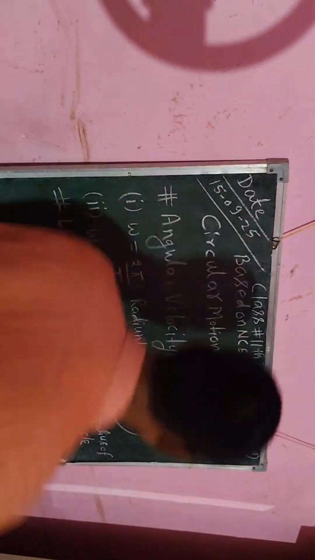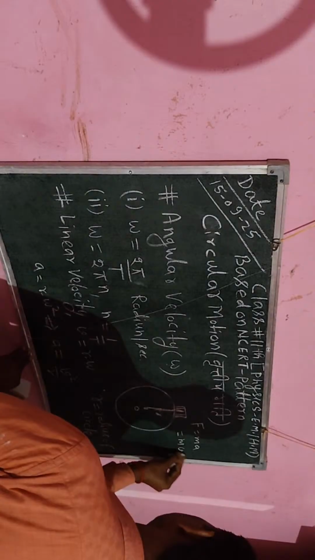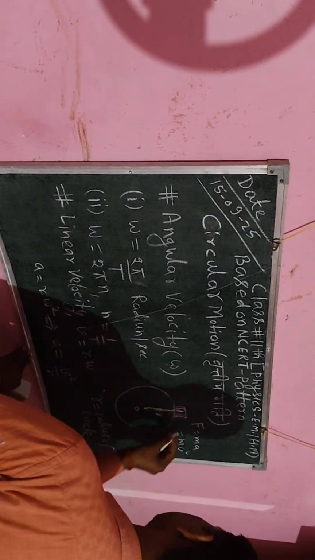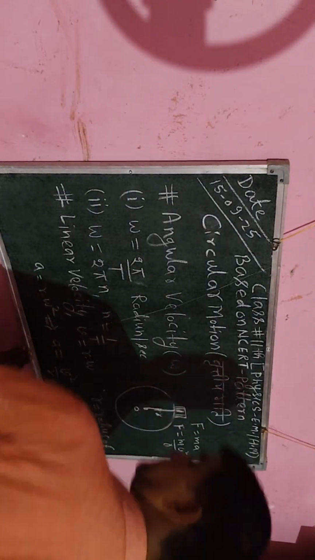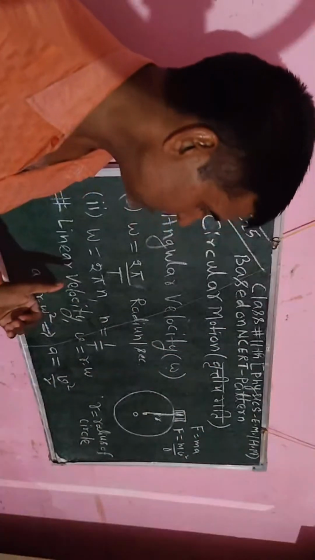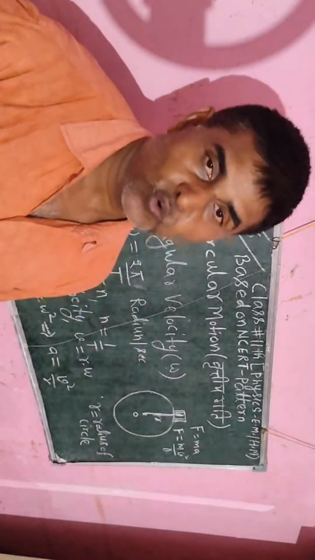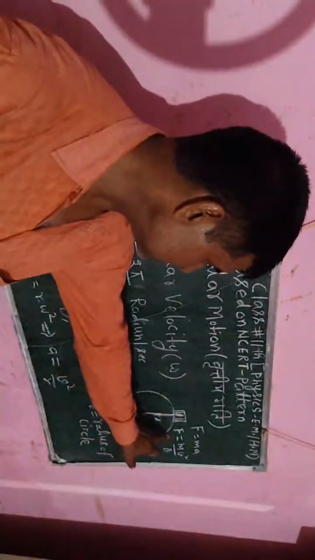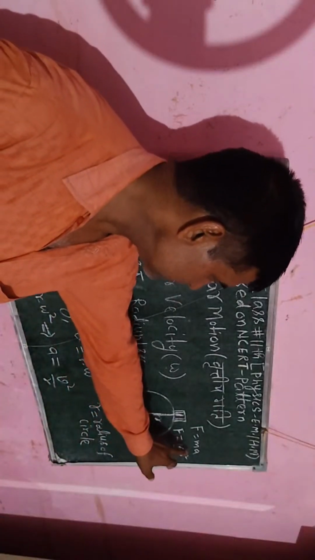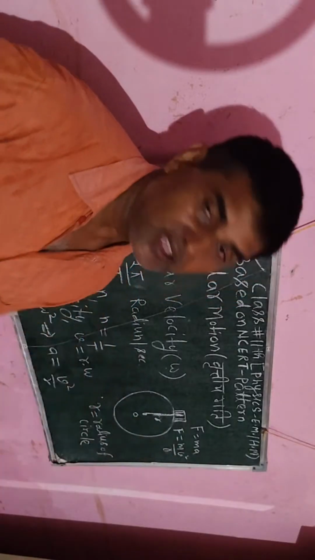So I will get the expression m v square by r. This is the centripetal force. So centripetal force is the product of mass into velocity square divided by r.